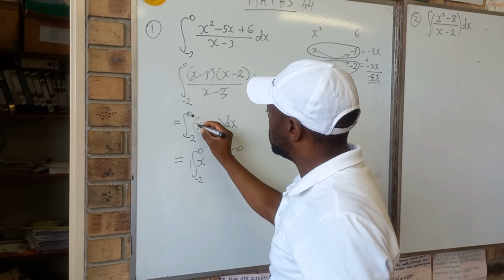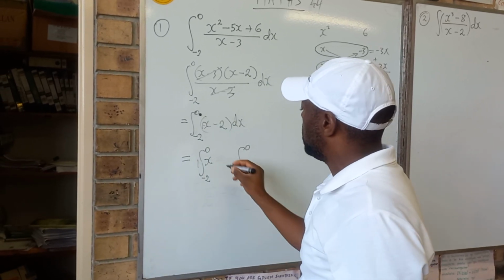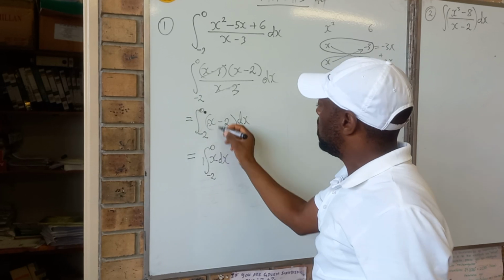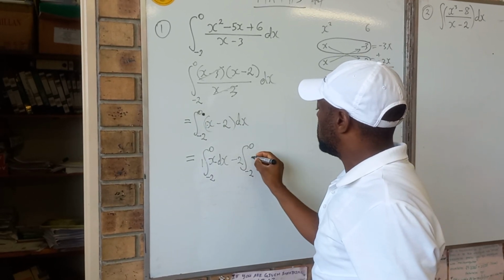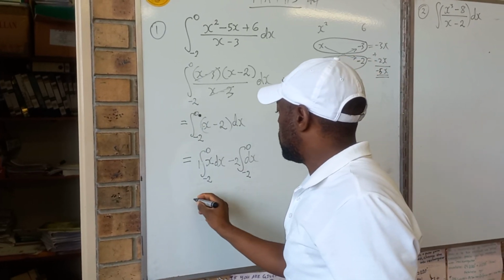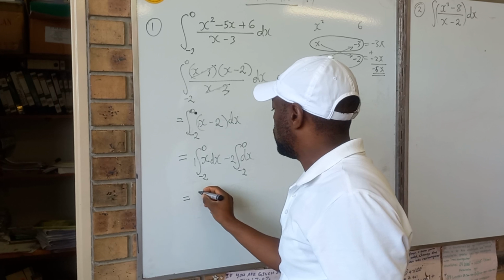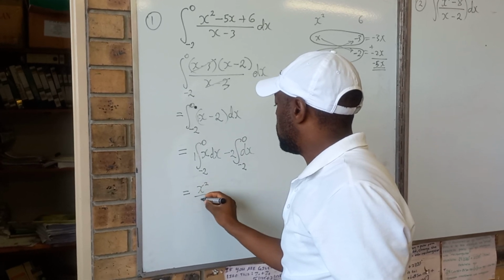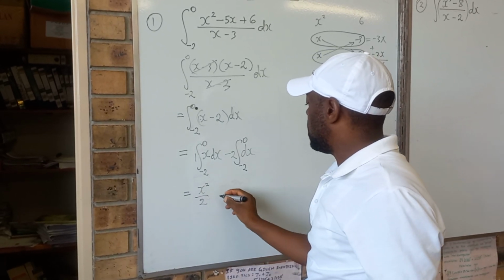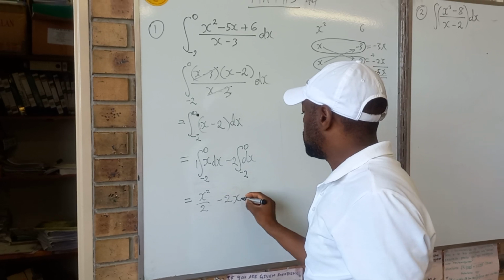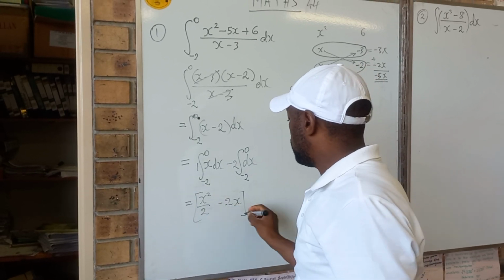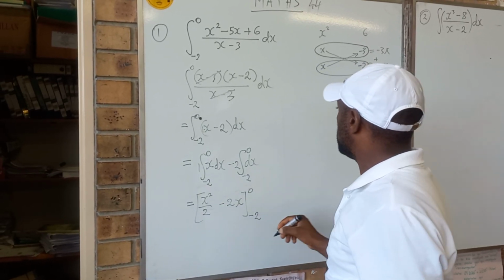I'm putting 1 because I didn't see anything in front of x. You're free to put 1 there. Then you have negative 2 is the constant, x in. Then when you integrate the first term, you get x squared over 2. Then the last term will simply be a negative 2x from negative 2 to 0.